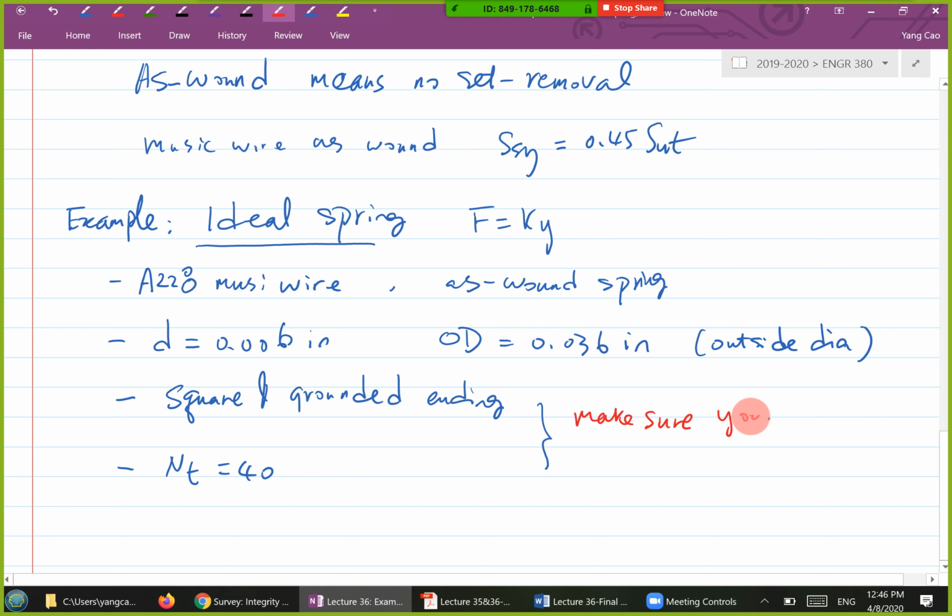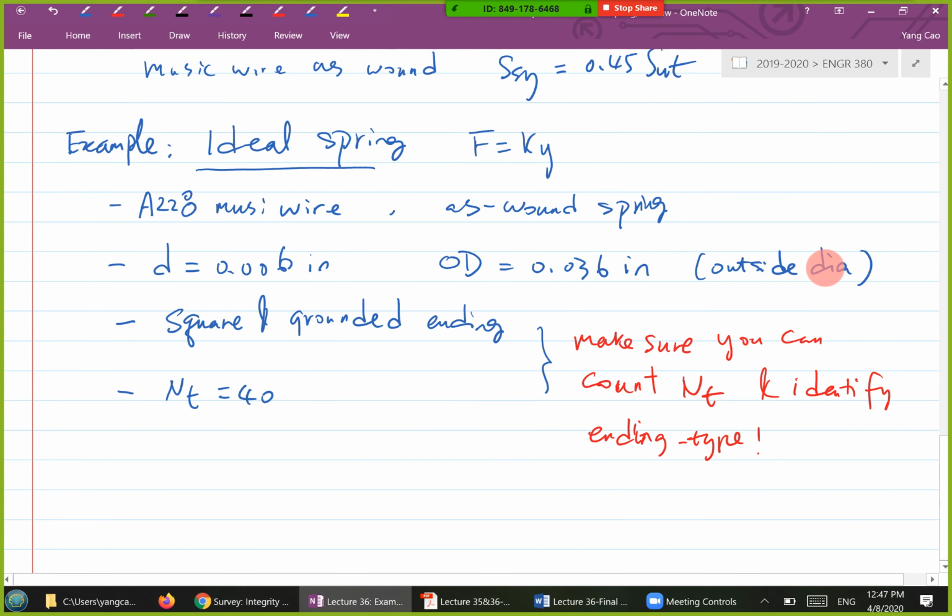Make sure you can count this NT and also identify the ending type. Because these two are crucial initial information that you need to do the further calculation, right? So if you don't have these two numbers right, then literally you will get the whole question wrong.